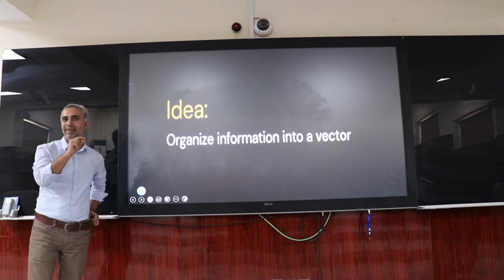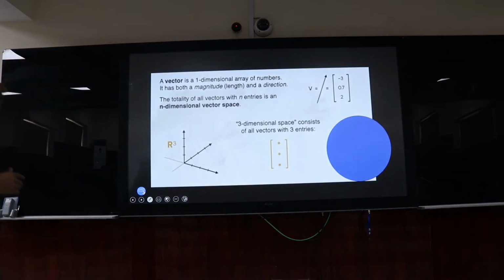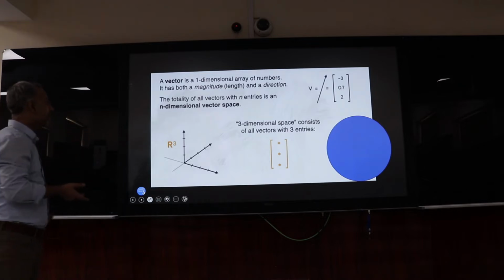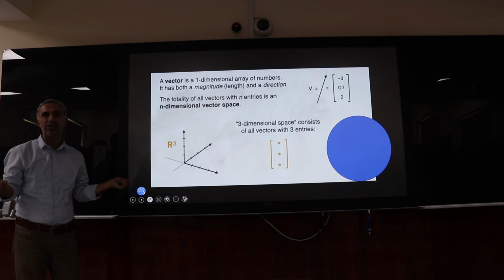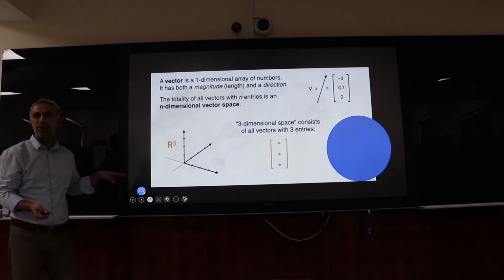Basically, the initial thing is a vector. And a vector is a one-dimensional array of numbers. Of course, it has some magnitude and length. I already told you about some direction, but direction is kind of our intention. And its dimensionality, of course, can be two-dimensional, three-dimensional; usually on the whiteboard we are talking about the two-dimensional thing.